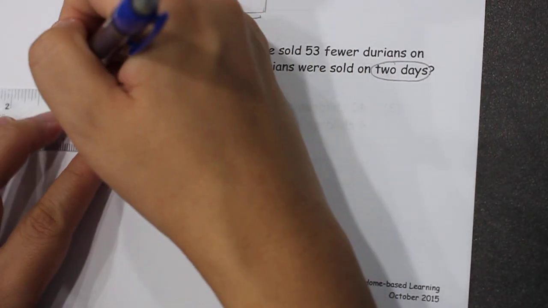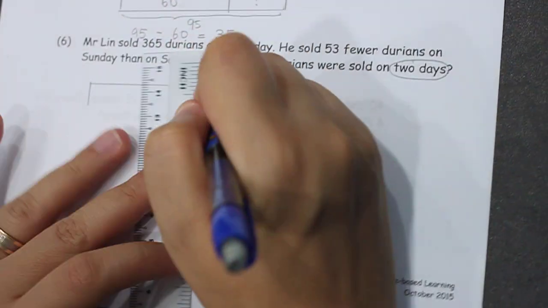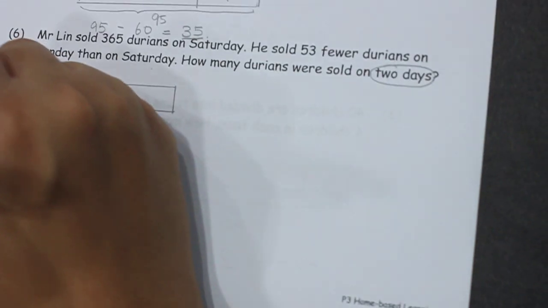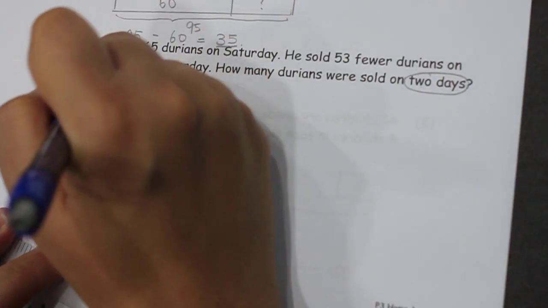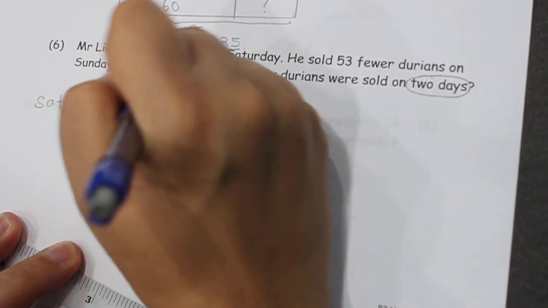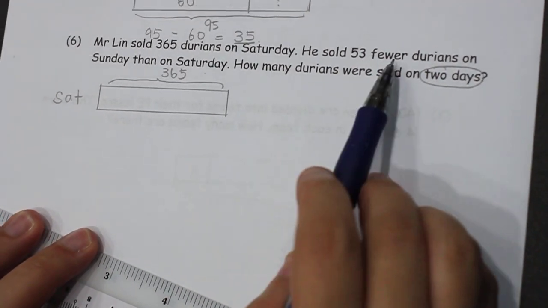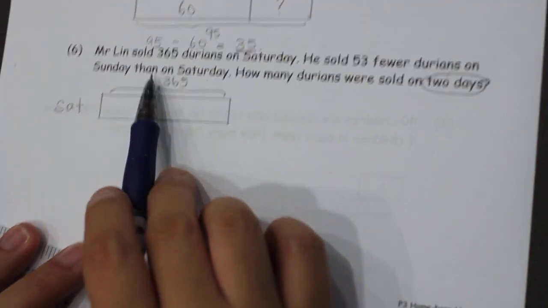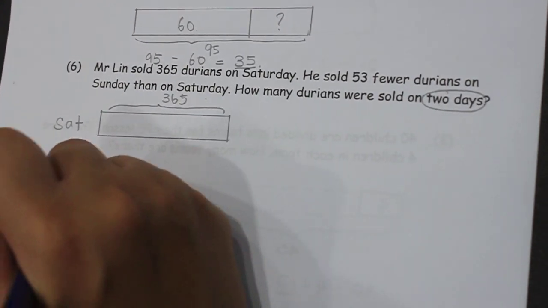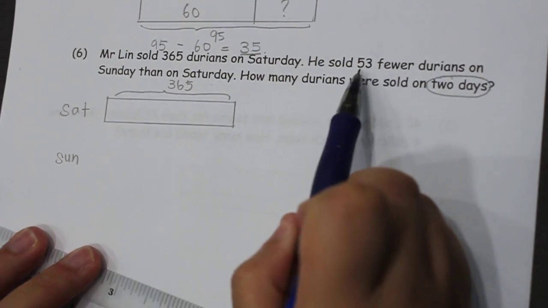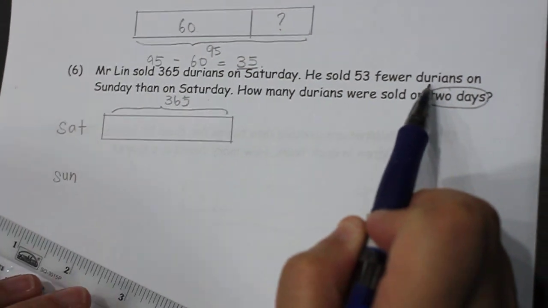Mr. Lin sold 365 durians on Saturday. So I know that on Saturday, he sold 365 durians. He sold 53 fewer durians on Sunday than on Saturday. So for Sunday, he sold 53 fewer durians.